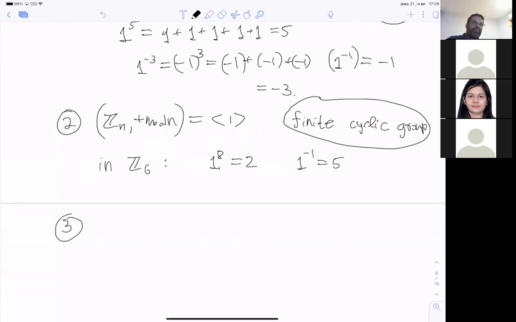If you remember from last time, we have defined this group, for example, omega n. These are all complex numbers which to the power of n are 1, together with multiplication.